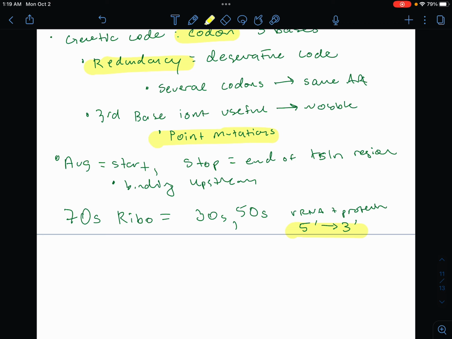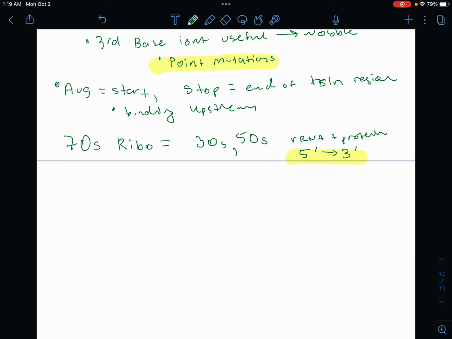Okay, so now let's talk about the reading frames. And in order to do that, we're going to also be going into the process of translation itself. So there are 3 reading frames. What is meant by that? Well, there could be a change in the amino acids depending where you start in the code to read all the codons on the mRNA.